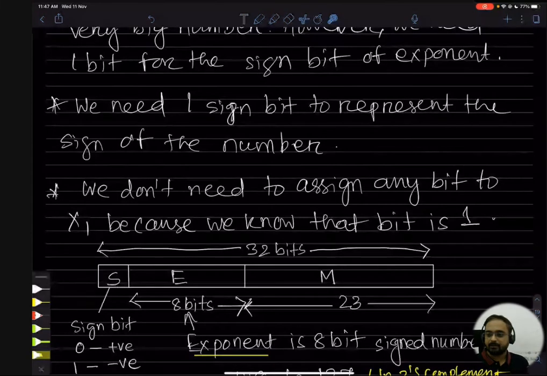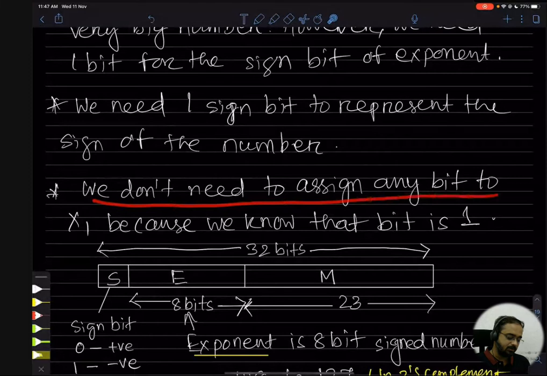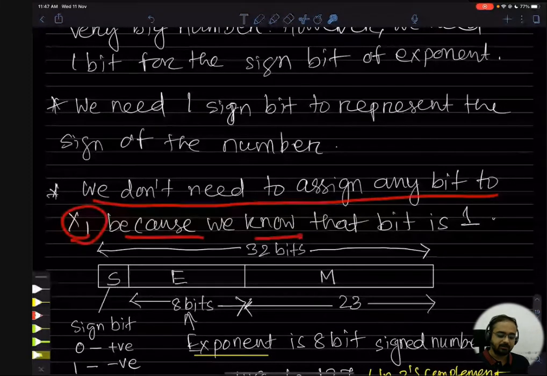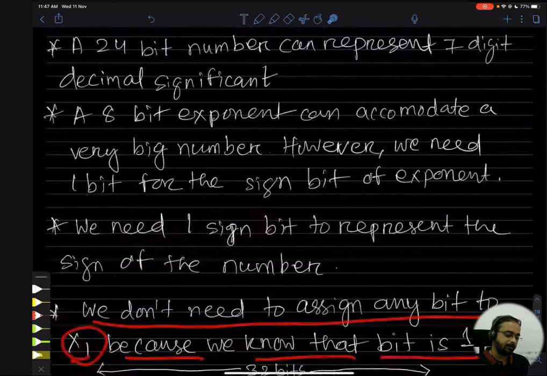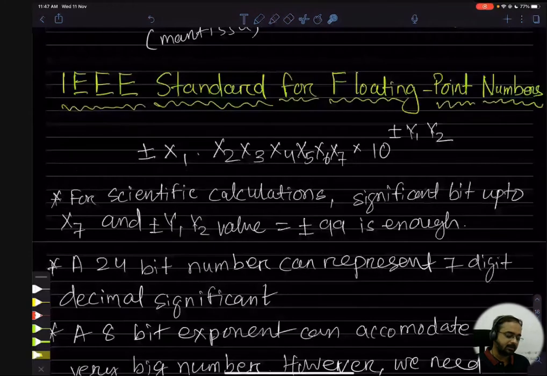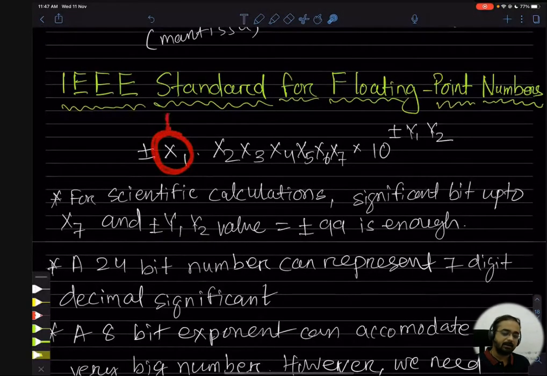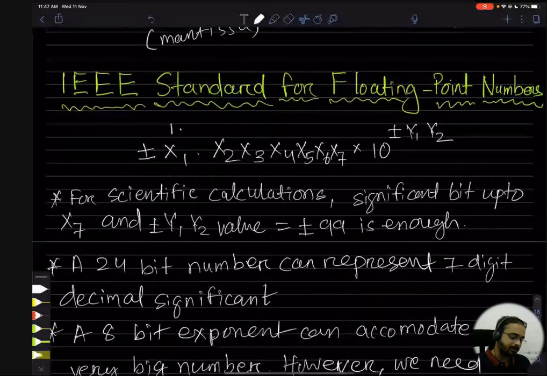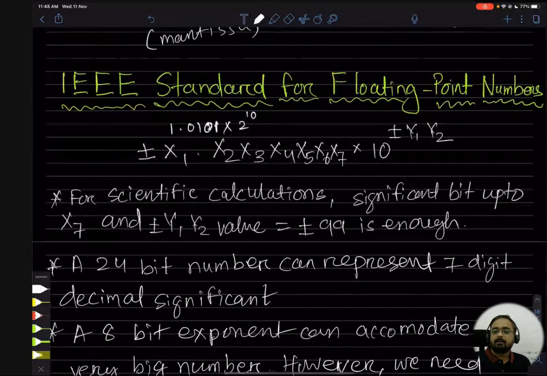There is one simple thing. We do not need to assign any bit to x1, because we know that bit will be 1 forever. In binary numbers, obviously there are only 2 digits, 1 and 0. So whenever we represent any value in binary, it will be 1 point 0101 times 2 to the power something, like that we will write.